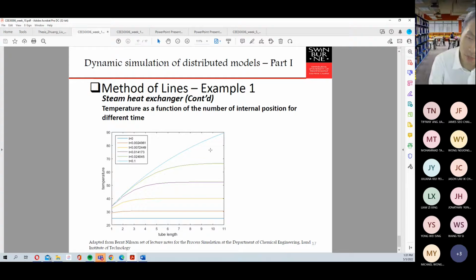Okay, and the positions here denote the time at different tube lengths. So that will be my example for today's dynamic simulation of the distributed model.